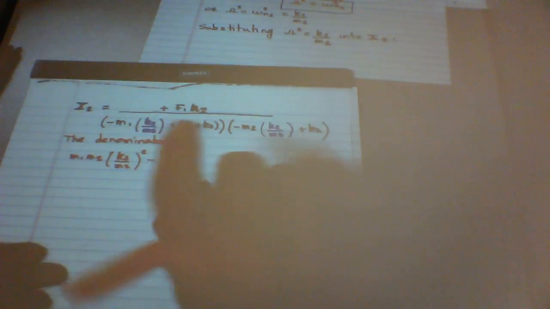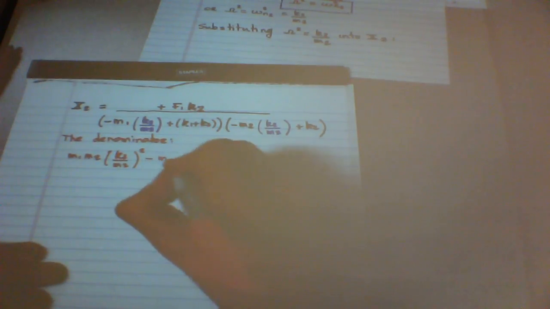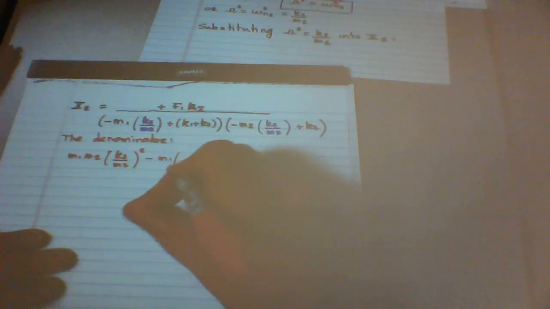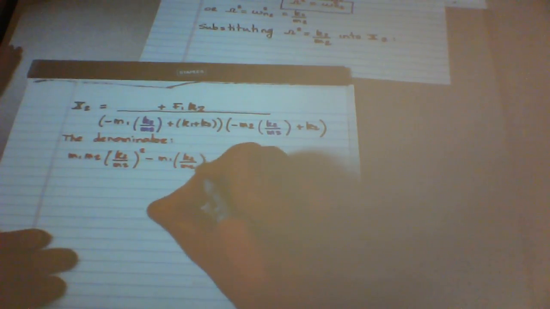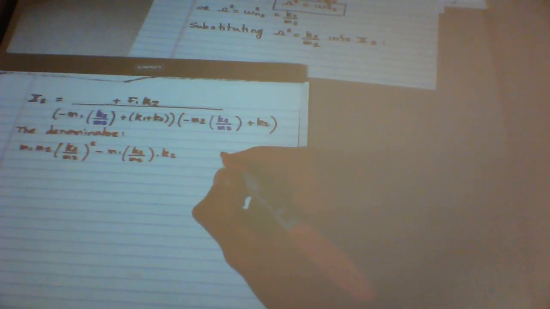Yeah, let's do one by one. Minus, let's do now this one, minus M1 K2. Minus M1, but we have this M1 K2 over K2.